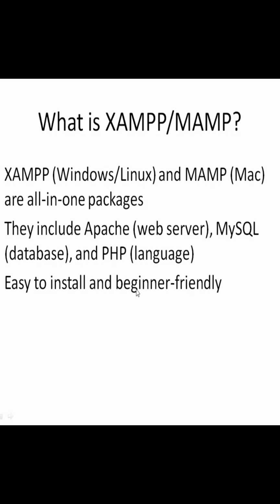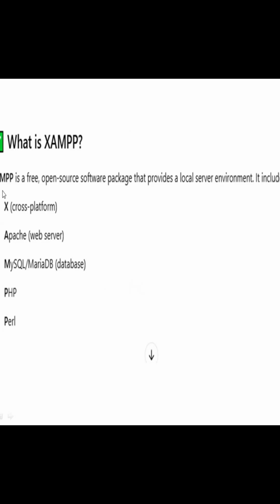Let's know the full meaning of XAMPP. XAMPP is a free open source software package that provides a local server environment. It includes X, which stands for cross-platform, and A stands for Apache, which is the web server.